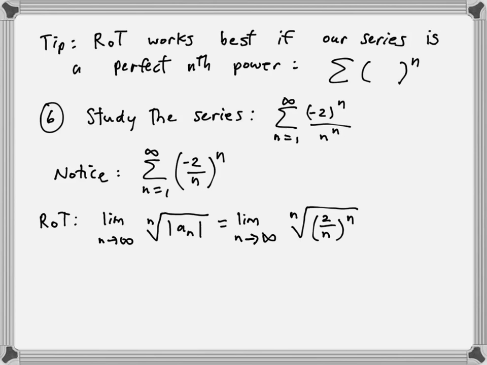But what is nth root of something to the nth power? These two things cancel each other out. In other words, we just have the following limit. And this is equal to 0. Is this a good thing? Yes, it is, because it is less than 1.